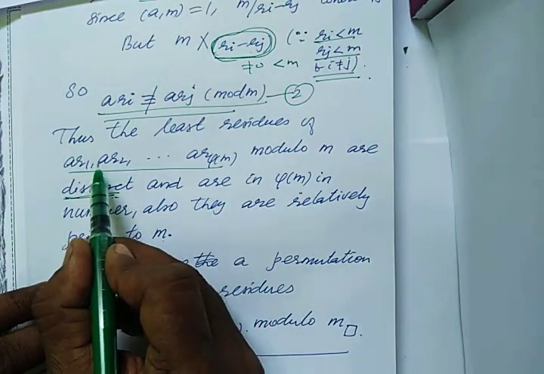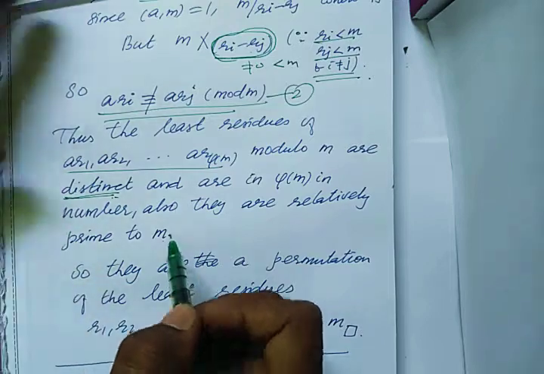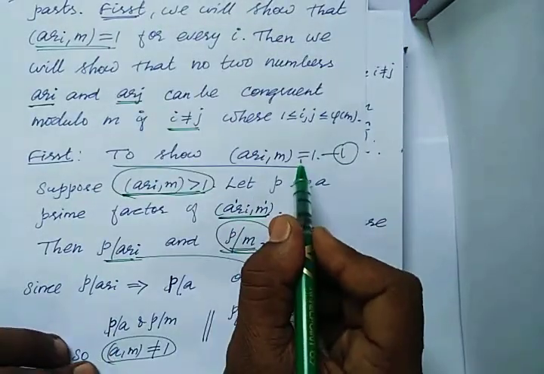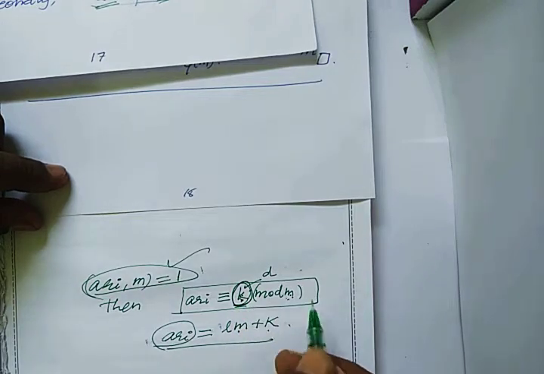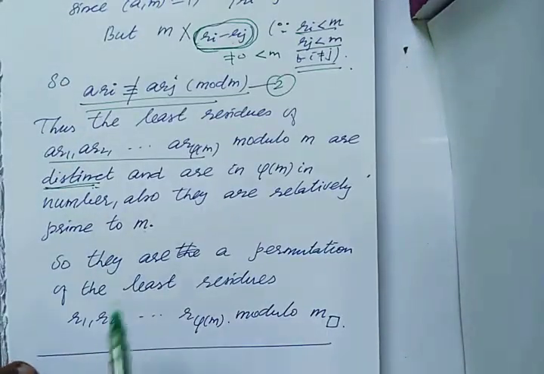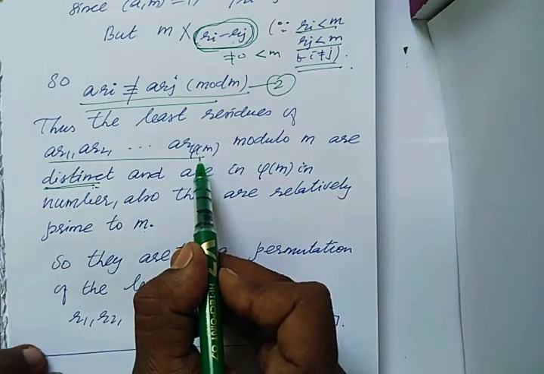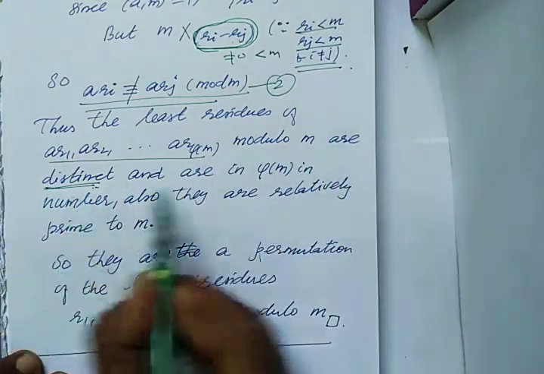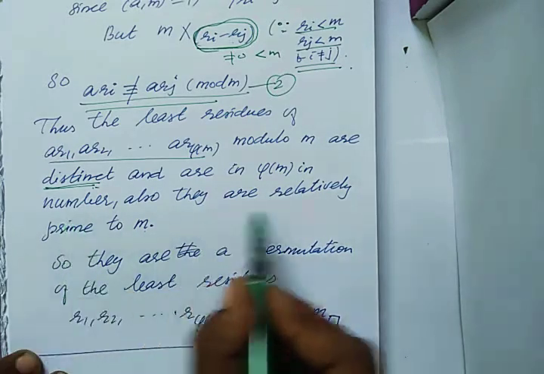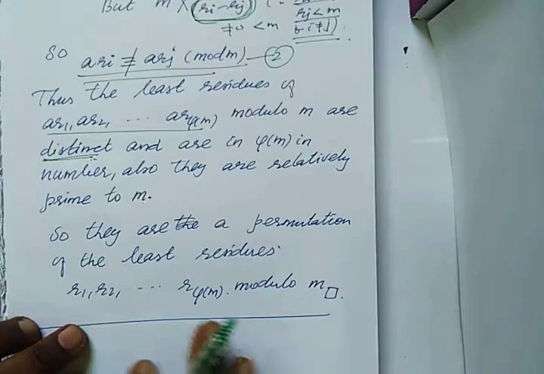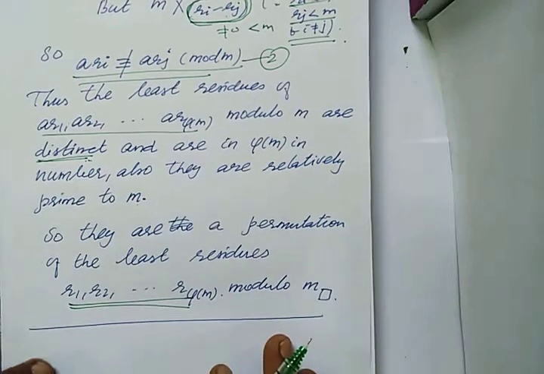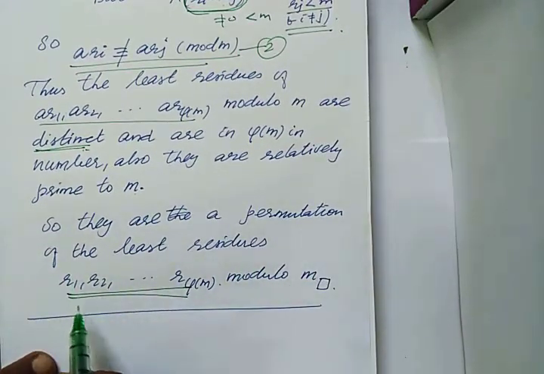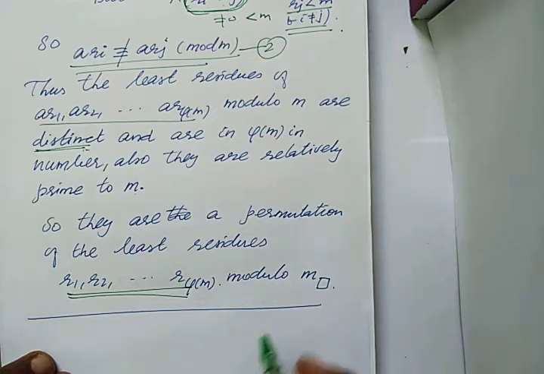So this phi of m numbers modulo m leaves phi of m numbers, and they are relatively prime to m and less than or equal to m. So they are a permutation of the least residues R1, R2, etc., R phi of m modulo m.